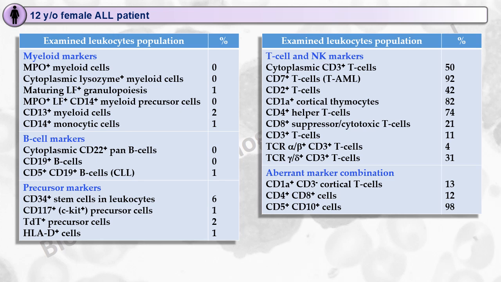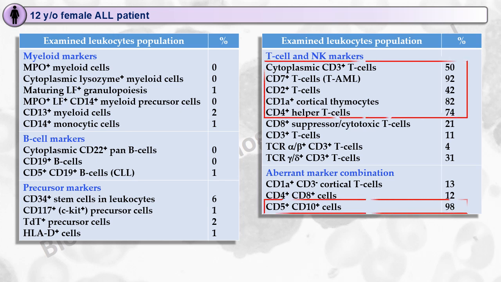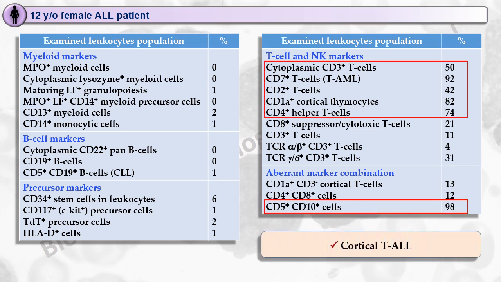The patient's mononuclear cells immunophenotyping was performed to determine the blast population lineage and differentiation stage. Based on the immunophenotypic profile, the patient was diagnosed as cortical T-ALL.